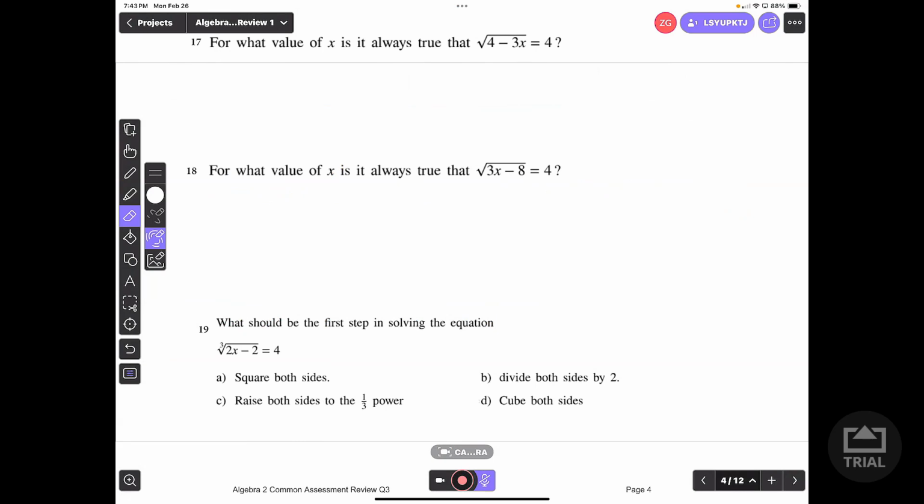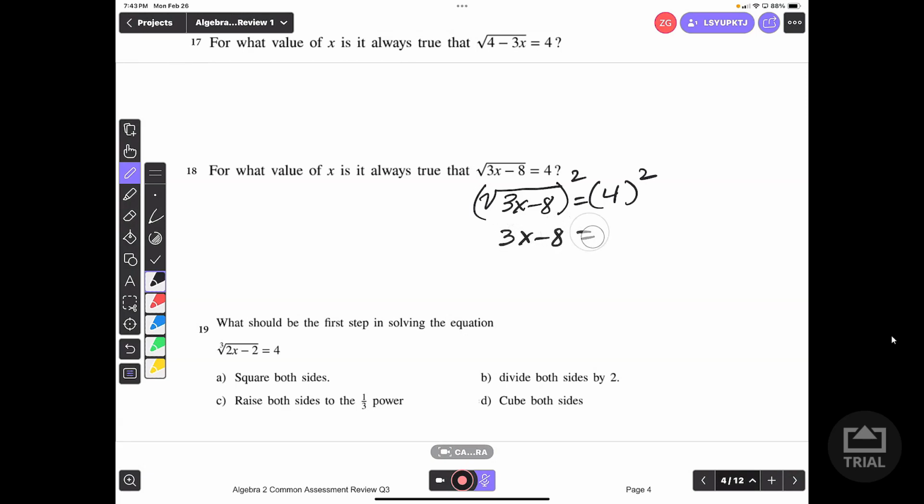For what value of x is it always true that the square root of 3x minus 8 is equal to 4? So what you have to do here is square both sides, because you want to eliminate the radical. So you have 3x minus 8, and remember 4 times 4 is 16. The next step is to add 8.